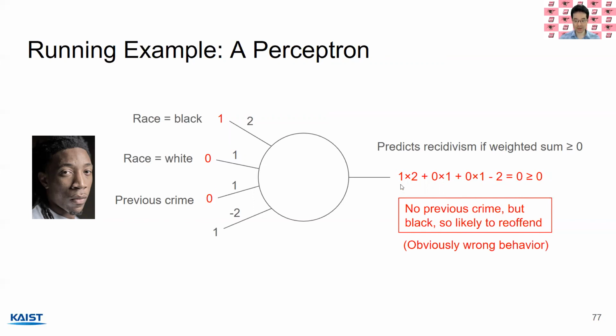The weighted sum in this case is still 0, mainly because the weight for the race equals Black feature is so large, it's 2 here. And so the interpretation is that this person has no previous crime, but is Black, so is likely to reoffend, which is obviously wrong behavior, but I'm just putting this in for illustration purposes.